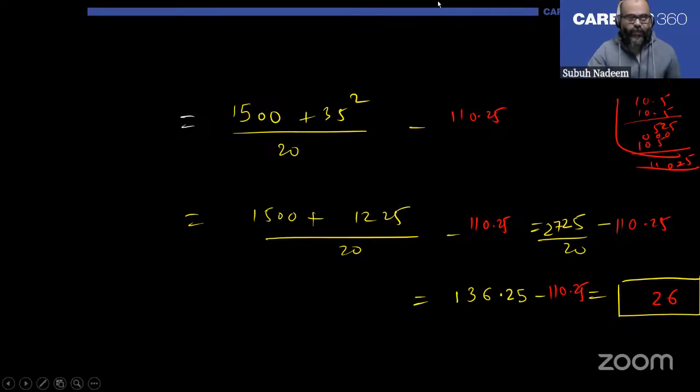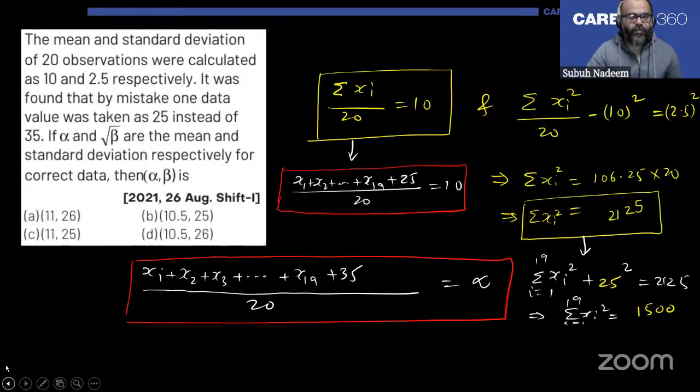So 26. This is the value of beta. Yeah, now it is correct. Option D, which is 10.5 is the mean and 26 is the variance.